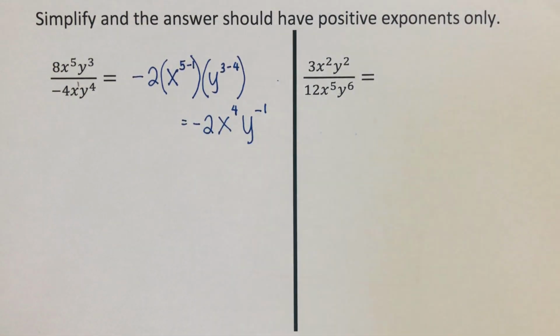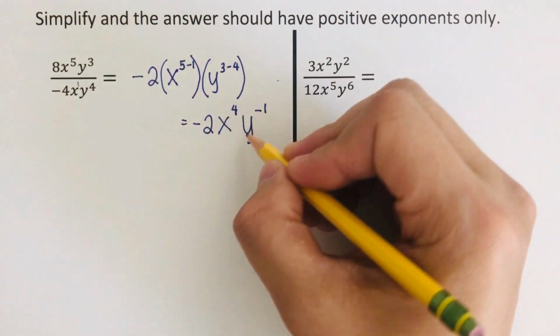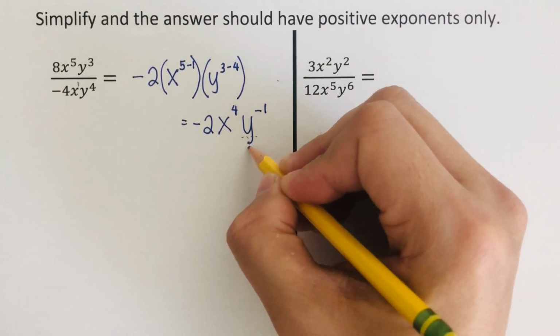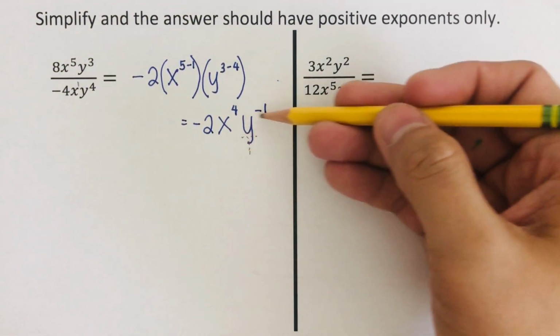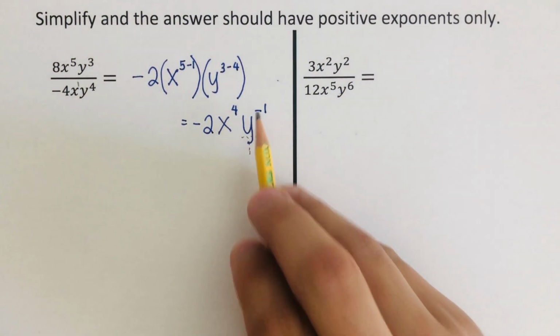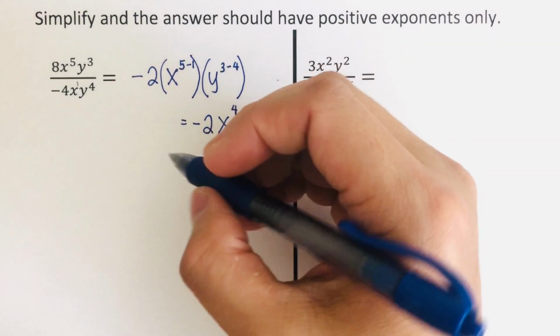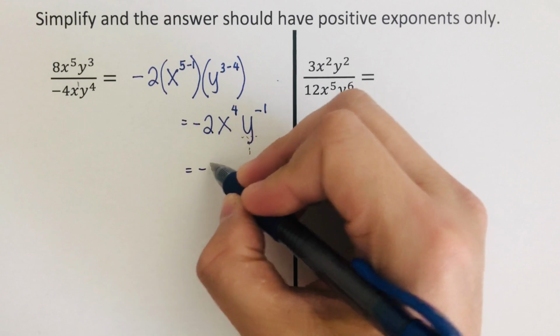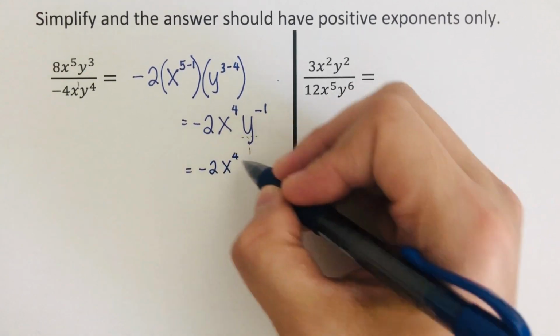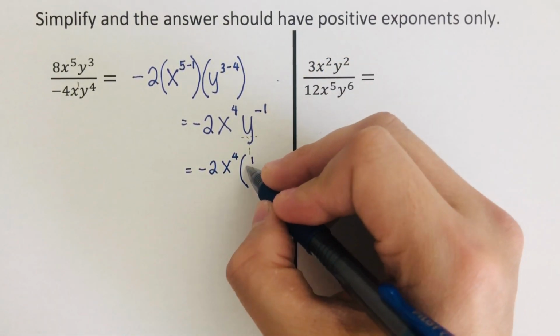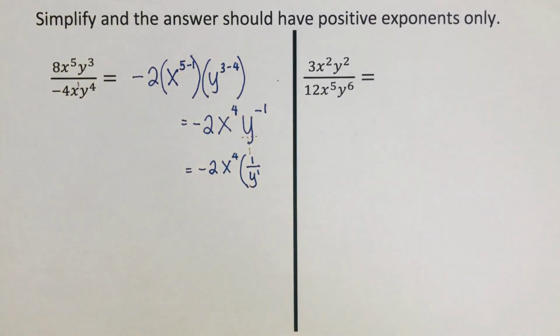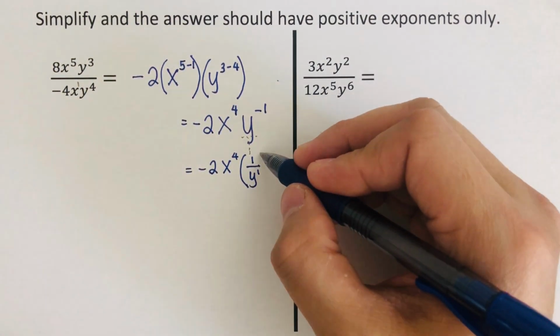So again, remember the property of negatives. This one is an invisible denominator of 1. When we flip this fraction around, then this -1 will turn into a positive 1. So then this would come out -2 x to the 4th, and then flip it around, 1 over y to the power 1, which is already positive now since we flip the fraction.